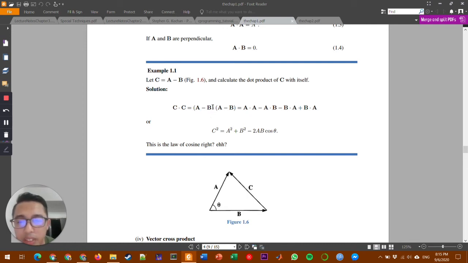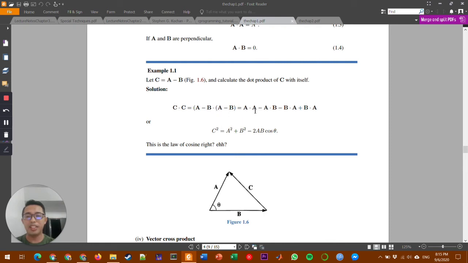Oh, nasayop ni siya. Kulang ni siya og, sorry. Naani siya ay close parenthesis here and a dot product, okay? Sorry about that. So if you do this, you multiply C by itself, where C is equal to A minus B. So, sa may buhatan ana, di ba? Foil method.